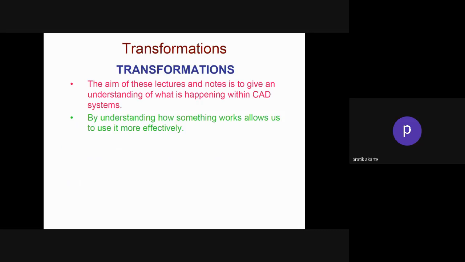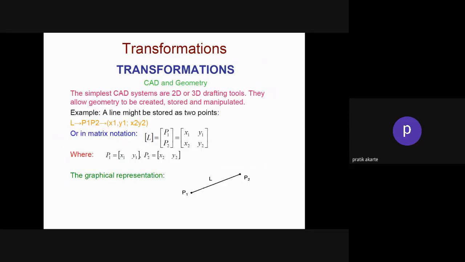Now you know how to use the commands on 3D or 2D modeling software, but if you know how they are executed by the software itself, then you can use it more effectively and efficiently. Okay, so these are the examples.